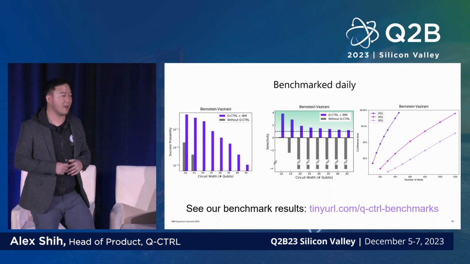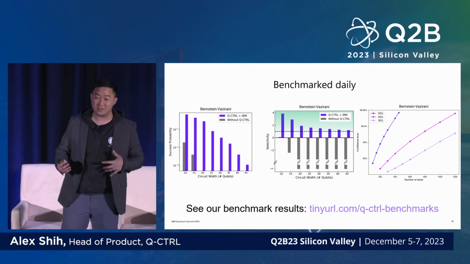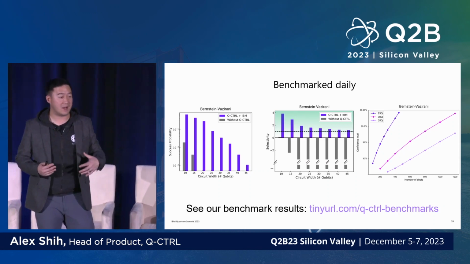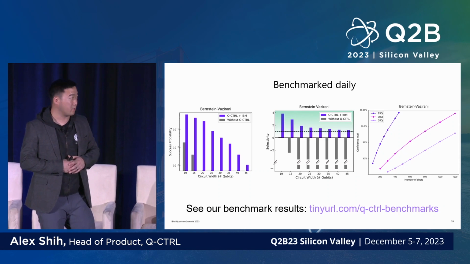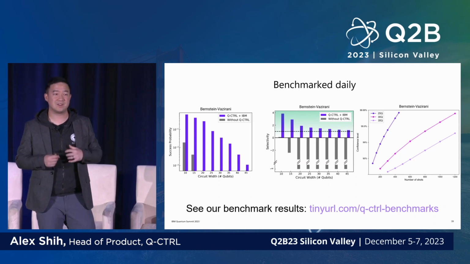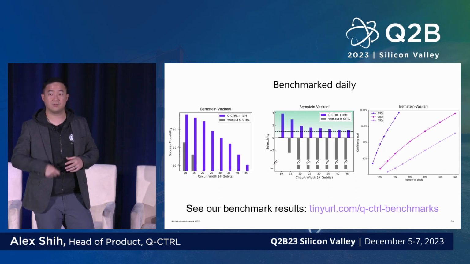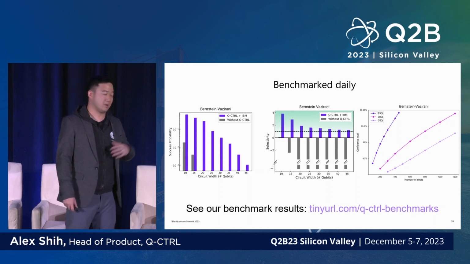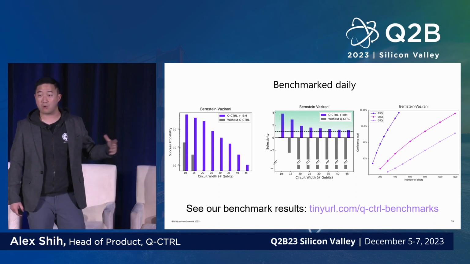In the same way that a lot of companies have a status page for the uptime and downtimes of their services, we are exploring doing something very similar. So we provide at least a daily monitor of benchmarks against several different algorithms. This is part of our company core values of being true.